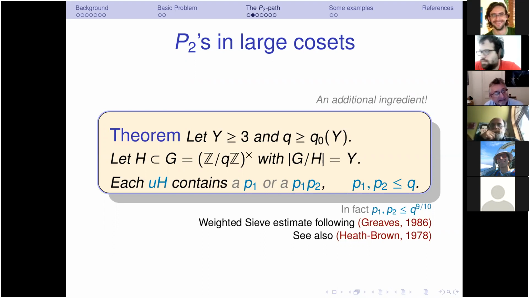To recognize that an integer is in this subgroup, it's 1 upon y times the sum for chi in the dual of G by H, of chi bar of u times chi of n. So you have a sum upon only y characters.